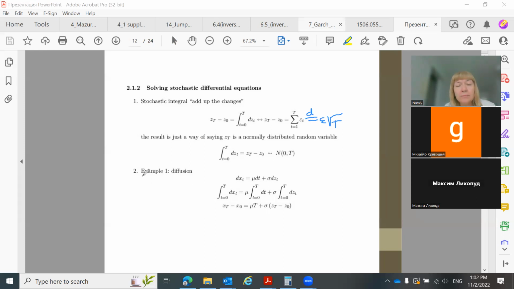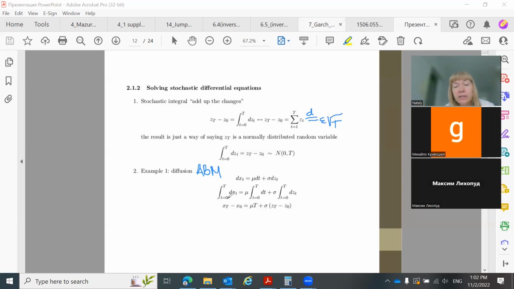So let's consider example 1, diffusion. This diffusion is called arithmetic Brownian motion. It is just dx equals mu dt plus sigma dz, and we would like to solve this differential equation.